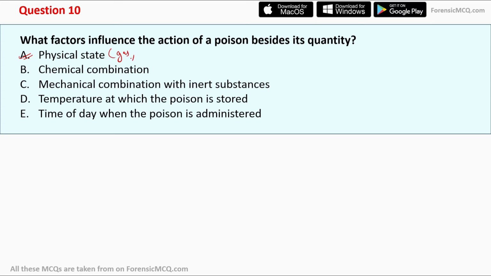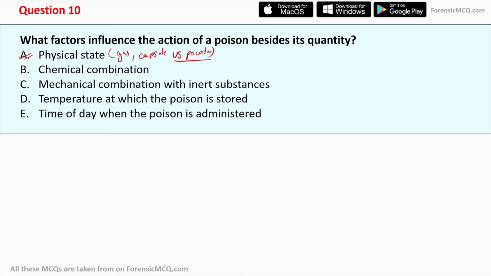Even in solid form, for example, if you take a capsule of 1 gram versus a powder form of that substance, the powder has a large surface area, so it can be absorbed more readily compared to the capsule. So option A is correct.